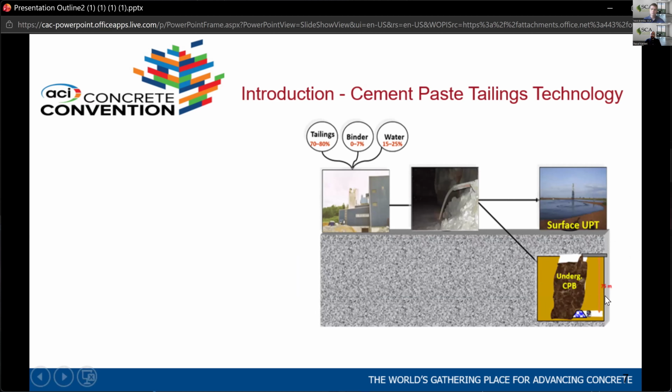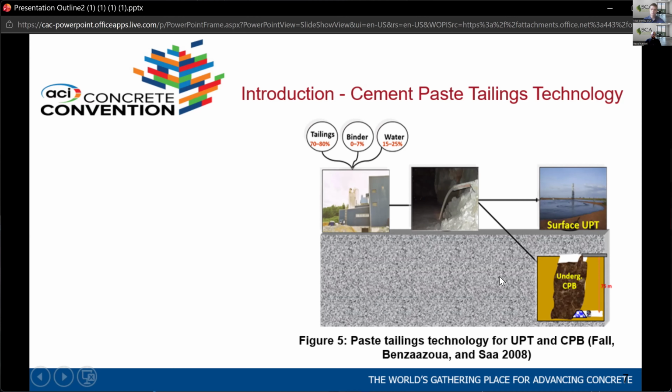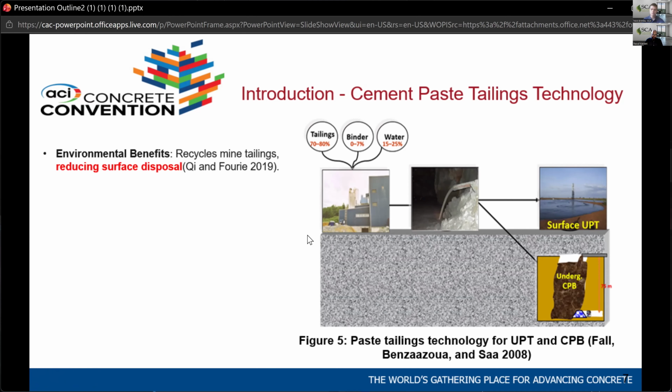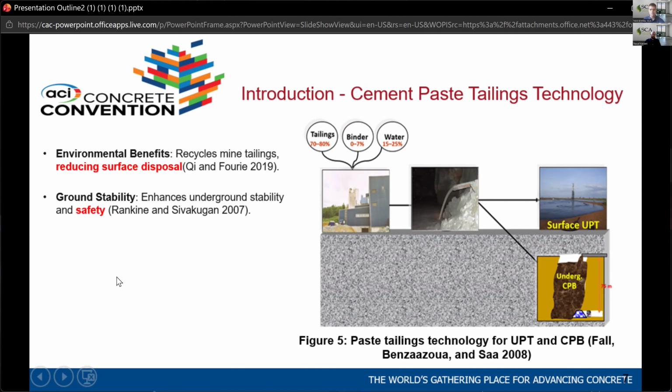So this is how cement paste backfill technology works. We store the tailings underground where we mine, so you use less land and pollute less, reducing surface disposal by storing it underground, and enhancing underground stability and safety. It's safer when you increase the shear strength, of course.